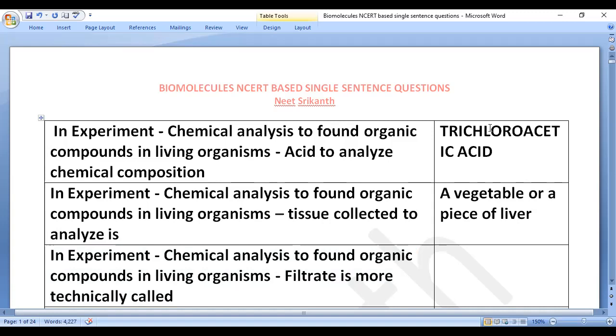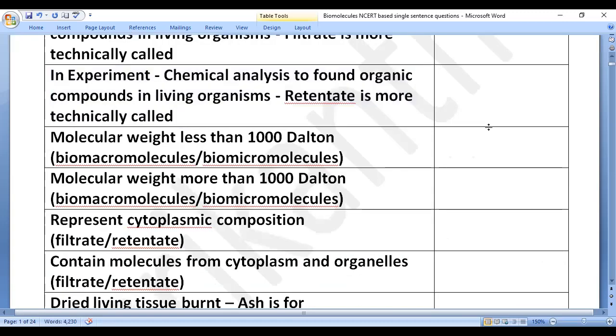The filtrate is more technically called the acid soluble pool. The retentate is more technically called the acid insoluble pool.